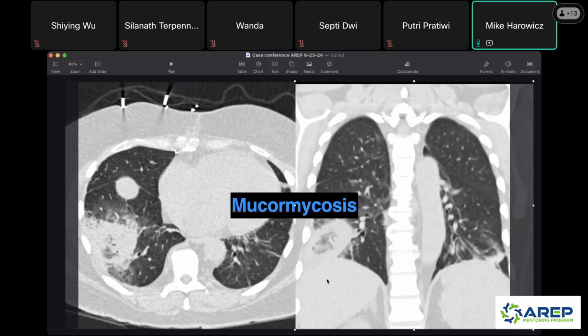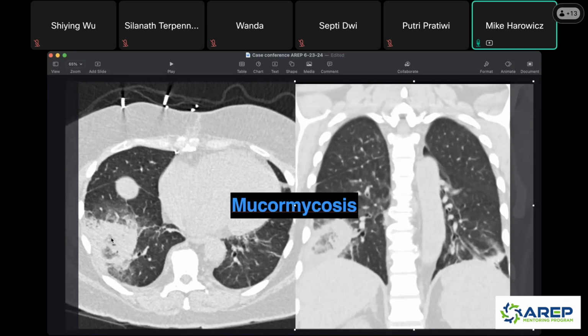And sometimes I've had colleagues at other institutions who will actually do a fine needle aspiration percutaneously of this to try to get tissue to help guide the treatment. But even if there's a lack of tissue, or a lack of microbiology rather, I would be very, very worried about this diagnosis in this patient.